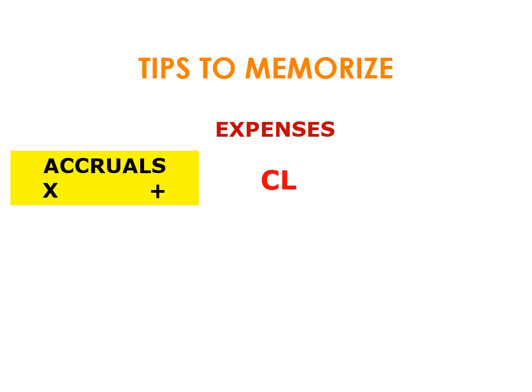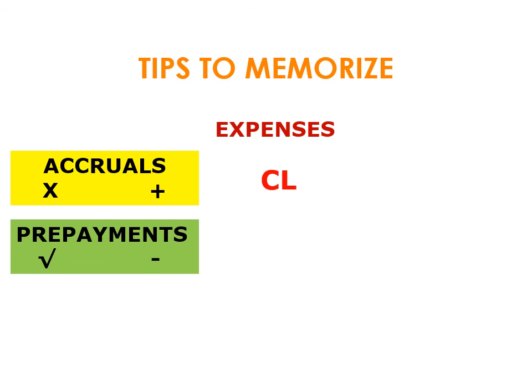When you owe somebody else, it becomes current liability. It's very simple, it's very easy to memorize that. So accrued expenses must be recorded as a current liability in your statement of financial positions. However, for prepayments expenses, it's vice versa. It's recorded in current asset.